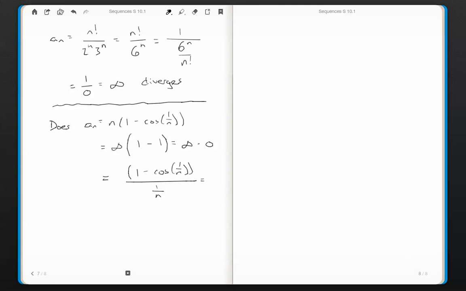So 1 minus 1 becomes 0 over 0. We took this indeterminate form with which we cannot use L'Hopital, and now we can. So we can use our old friend L'Hopital again. I like L'Hopital, so I'll put exclamation points.